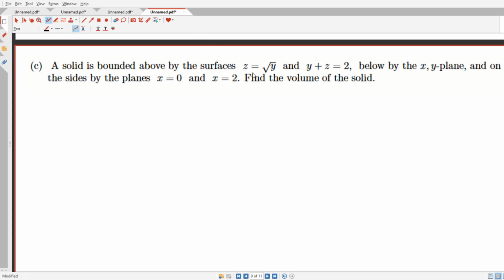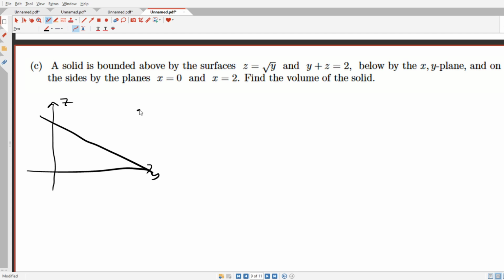A solid is bounded above by the surfaces z equals root y and... wait, what? Okay, so in the yz plane, I have z equals 2 minus y.